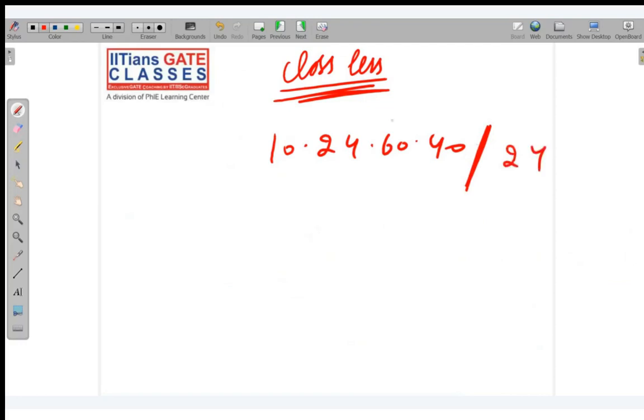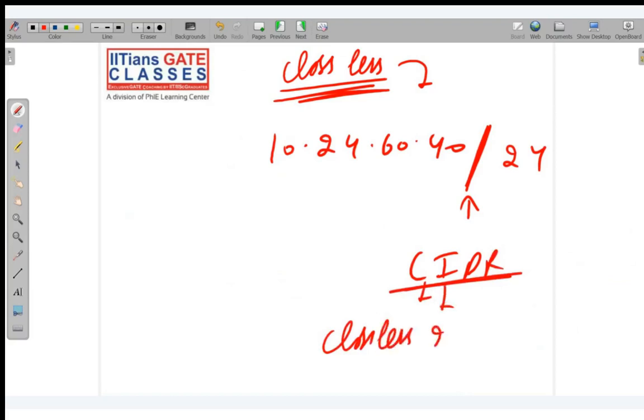This is known as CIDR notation, classless inter-domain routing. Yes, sir. Classless inter-domain routing. Okay. So this 24 means prefix length.